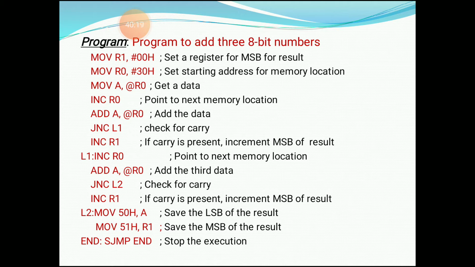If carry occurs, increment the R1 register and perform the next operation, that is MOV 50H, A, which loads the lower 8-bit result to the 50H location, and the higher 8-bit data, that is the carry status stored in R1, is copied to 51H. So now 50H and 51H contain the result of the addition of three 8-bit numbers. Now stop the operation by using SJMP end.